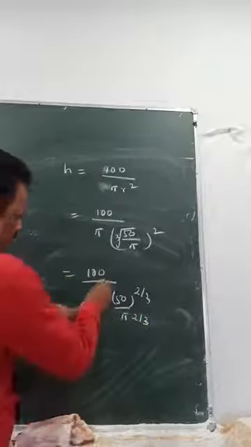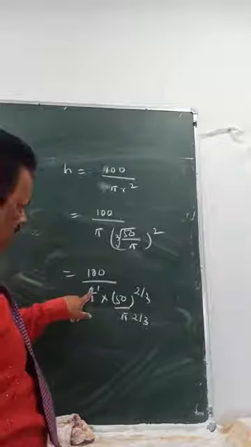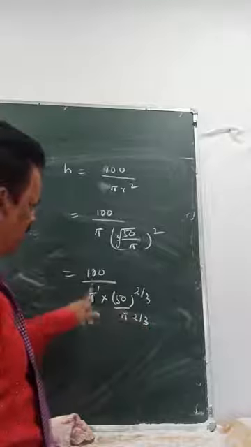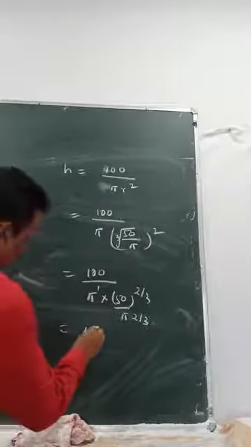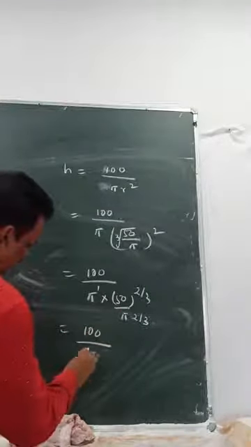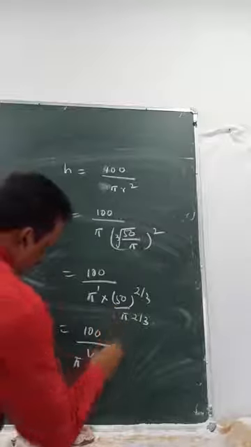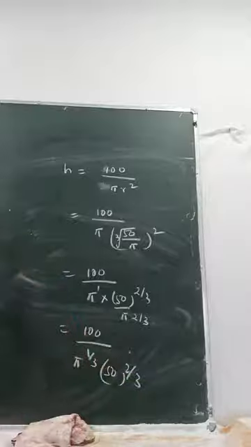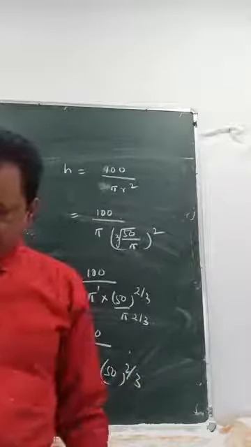So pi to the power 1 and 2 by 3, if you cancel, 1 by 3. So 100 by pi to the power 1 by 3, 50 to the power 2 by 3. So you can leave it like this, doesn't matter.